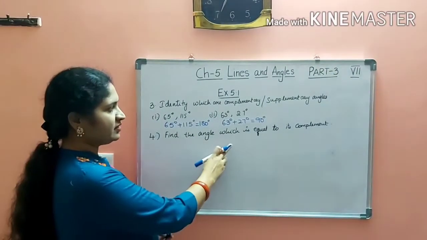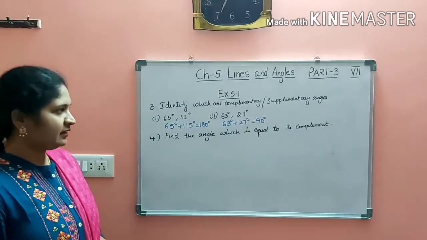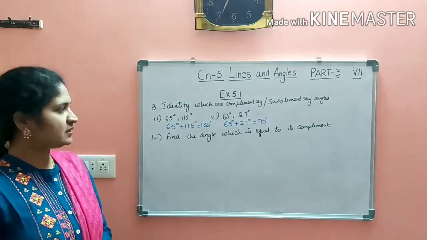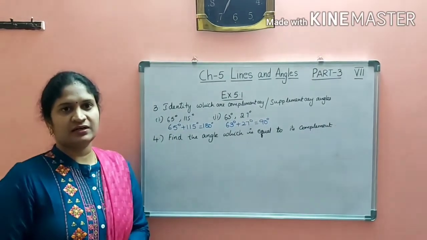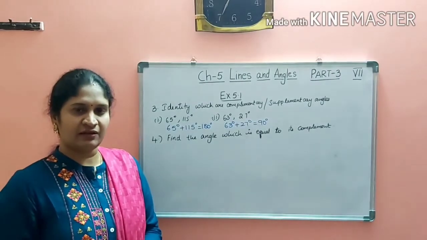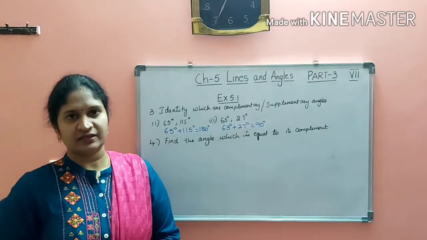Find the angle which is equal to its complement. I need to find the angle which is equal to its complement. I don't know what angle we have to take. Children, you already learned in simple equations, if any unknown number is there, for that we have to take a variable.